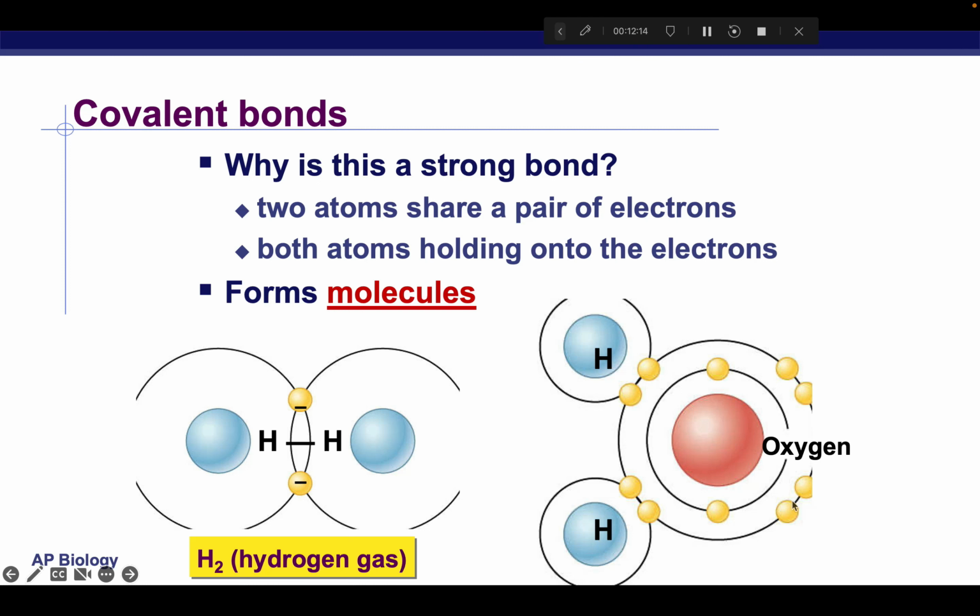Normally oxygen has 6 valence electrons and each hydrogen has 1. When they are able to share with one another like this, we can see that oxygen is able to get 2, 4, 6, 8 valence electrons, and each hydrogen is able to get 2 valence electrons, and so they're all energetically stable like this, and so this strong covalent bond here and here forms.